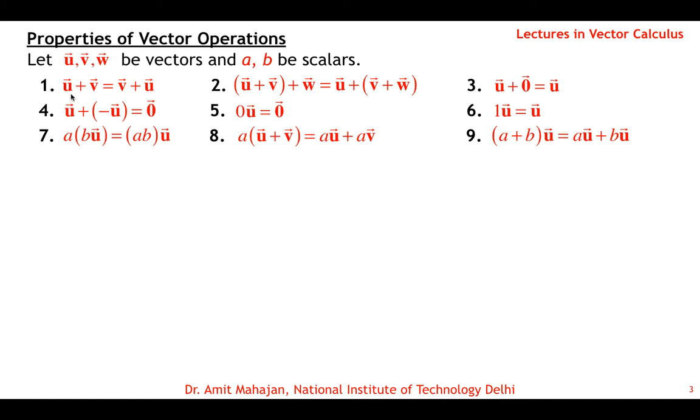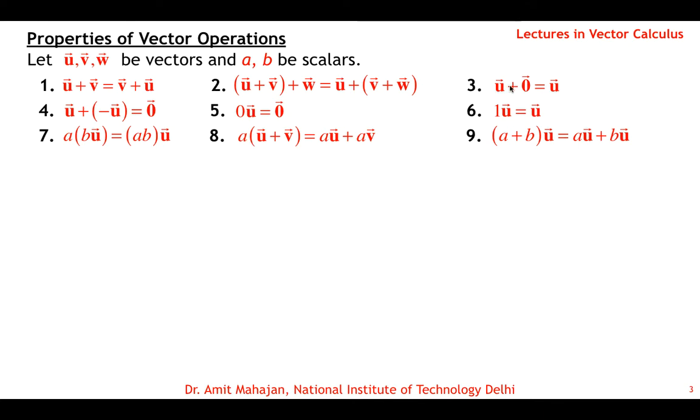So u plus v or v plus u gives the same result. The second property is associativity. That means if we add two vectors u and v and then add a third vector w, or we add the two vectors v plus w and then add u to it, it gives the same result.